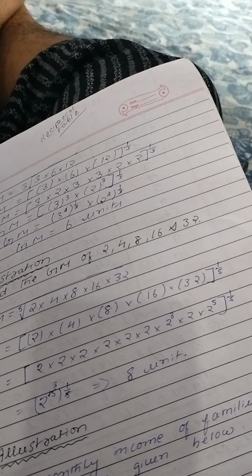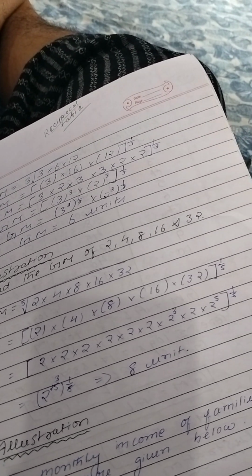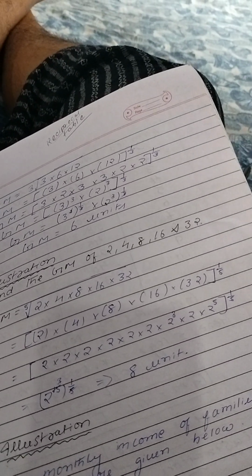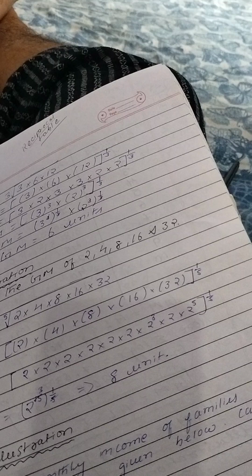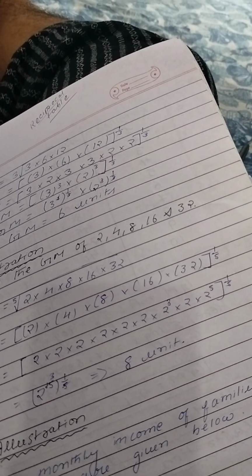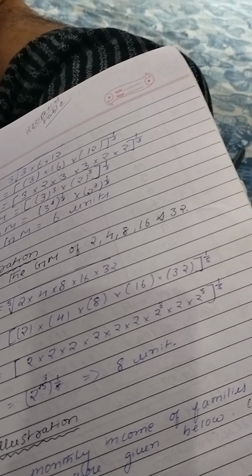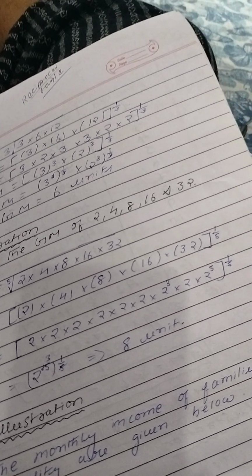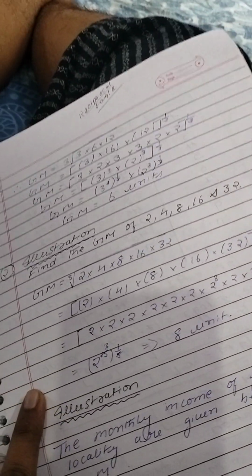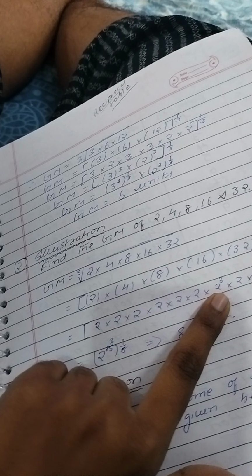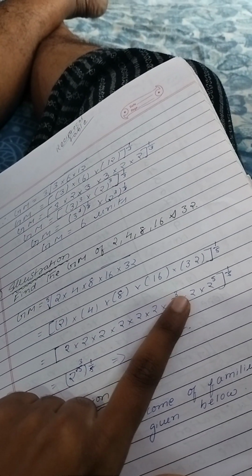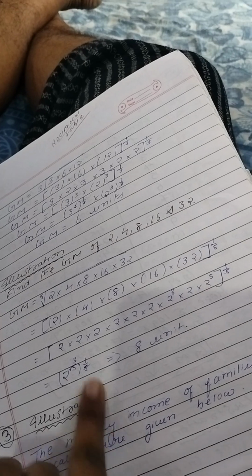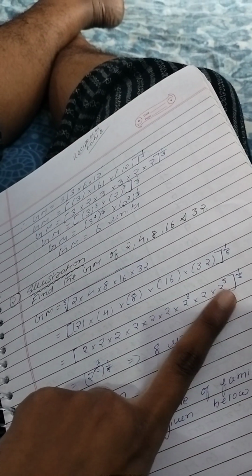Okay, then when you take the common, all are 2s, so your ultimate answer will be 2 raised to the sum of the powers.